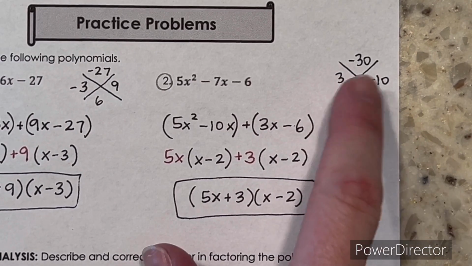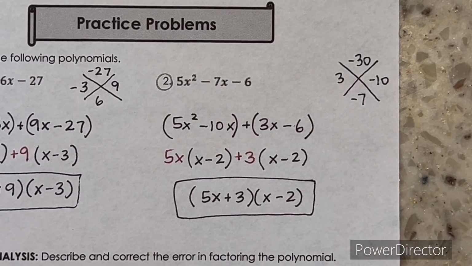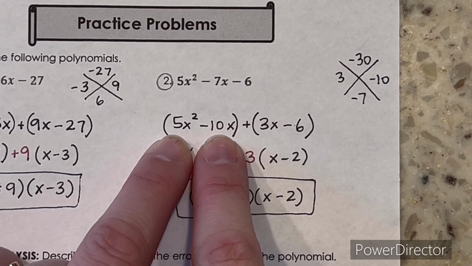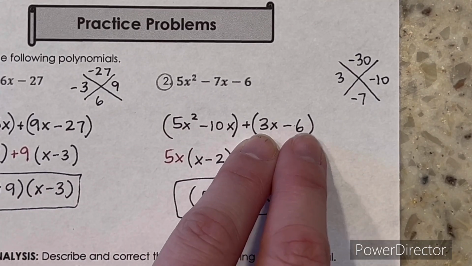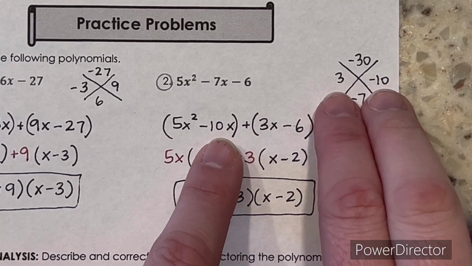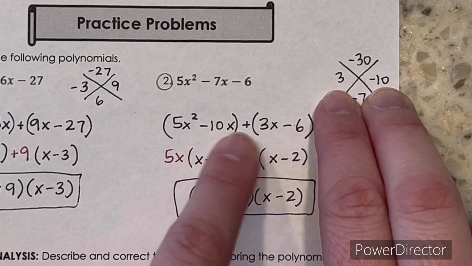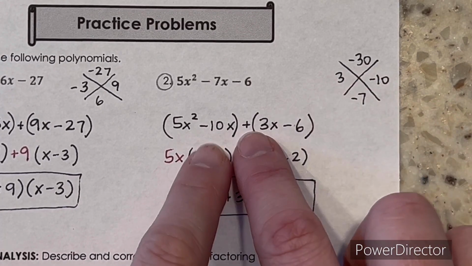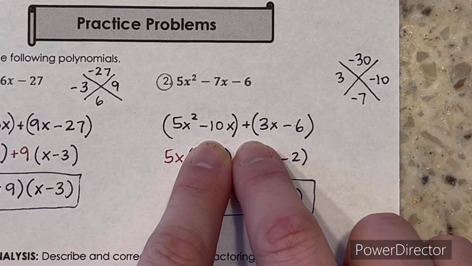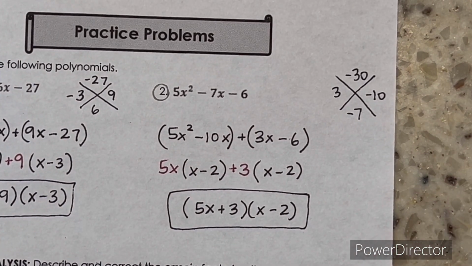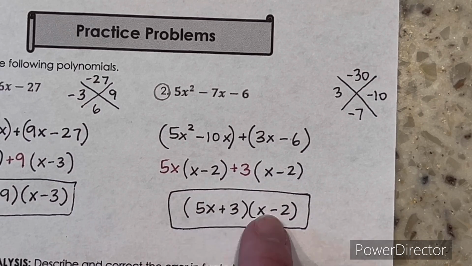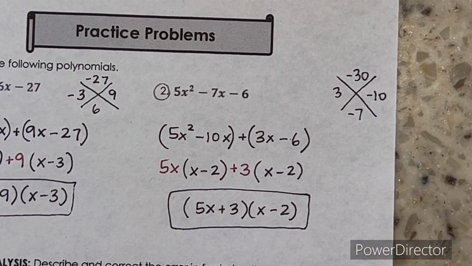That's what made this whole thing work. I chose to put 5 and 10 together because those are multiples of each other. And then that made 3 and 6 go together. So I actually put this in there opposite of what I listed in the notes. But remember, that doesn't matter. Pair them together however you see is going to be the better option. Then I took out the GCF, and there's factored form.